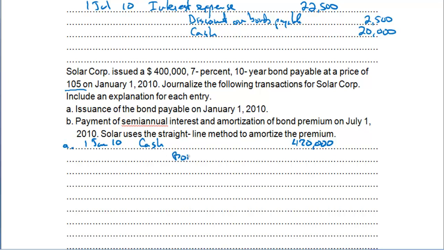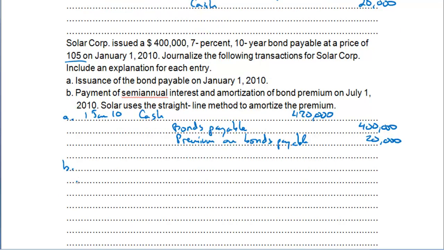We can debit bonds payable, always for the maturity value, 400, which means then that the premium is $20,000.